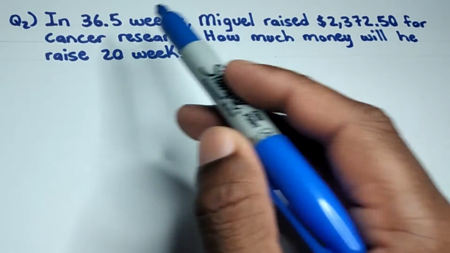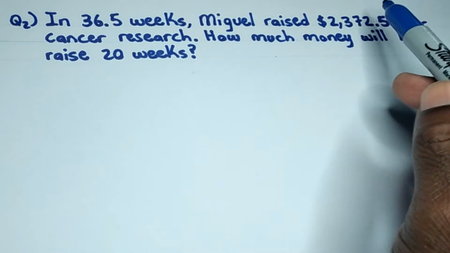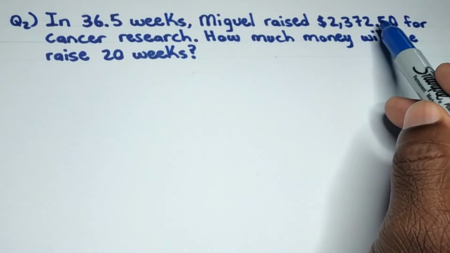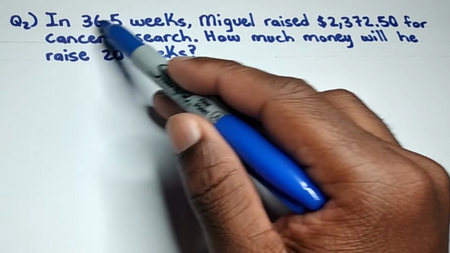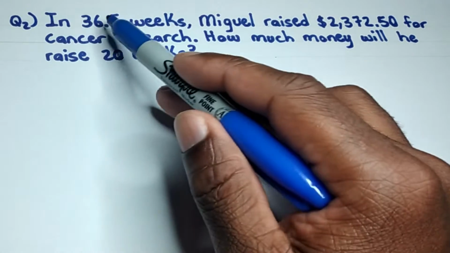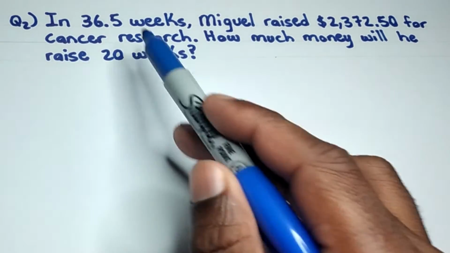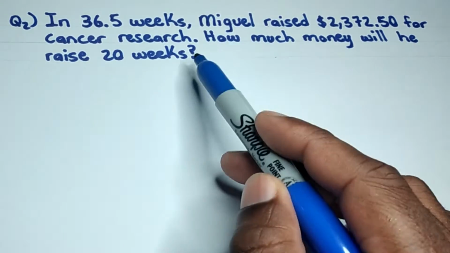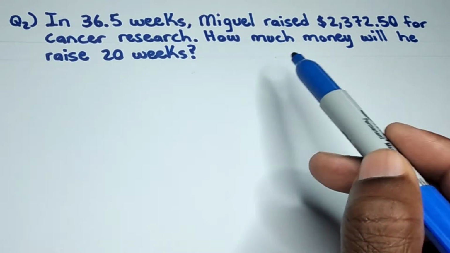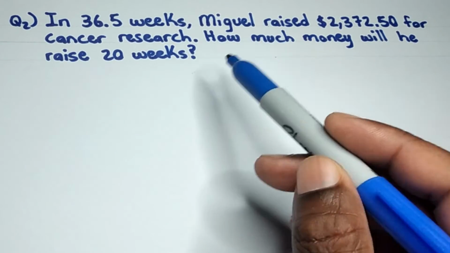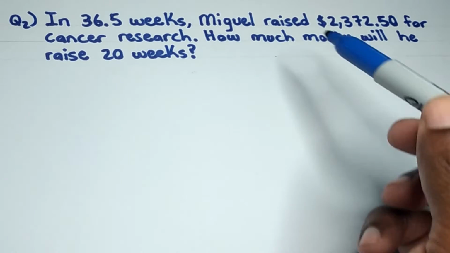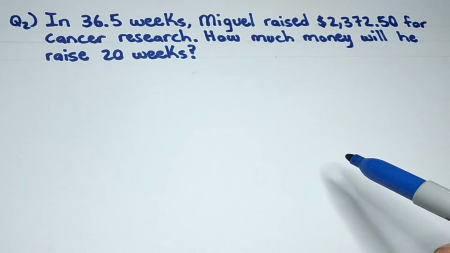All right, so if he can make $2,372.50 in 36 and a half weeks, then he should make less money in a 20-week period. All right, so this is a direct proportional problem as well. All right, so if the weeks decrease, then the amount of money should decrease as well.